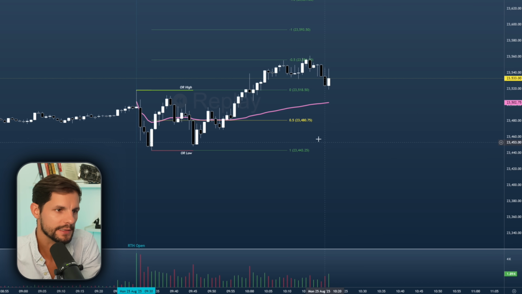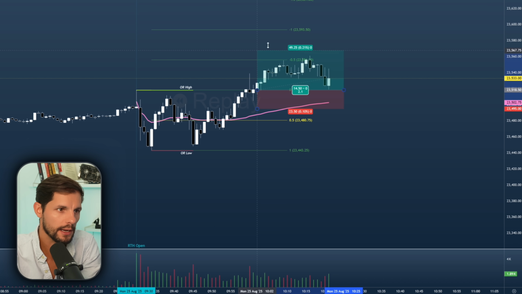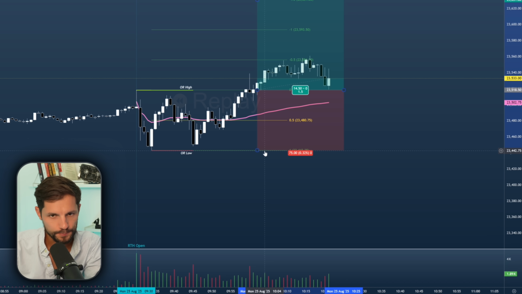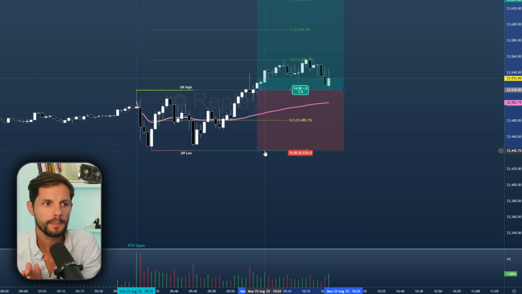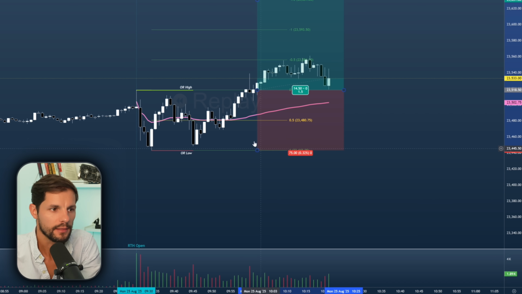The invalidation for the trade will always be the opposite side of the opening range. So in this case, if we take the long here, we're going to have a long setup that looks something like this. We go from the opening range breakout, we target 1.5 times the size, and our stop will be below the opening range low. However, more often than not, you will find that this will still be quite a wide range.